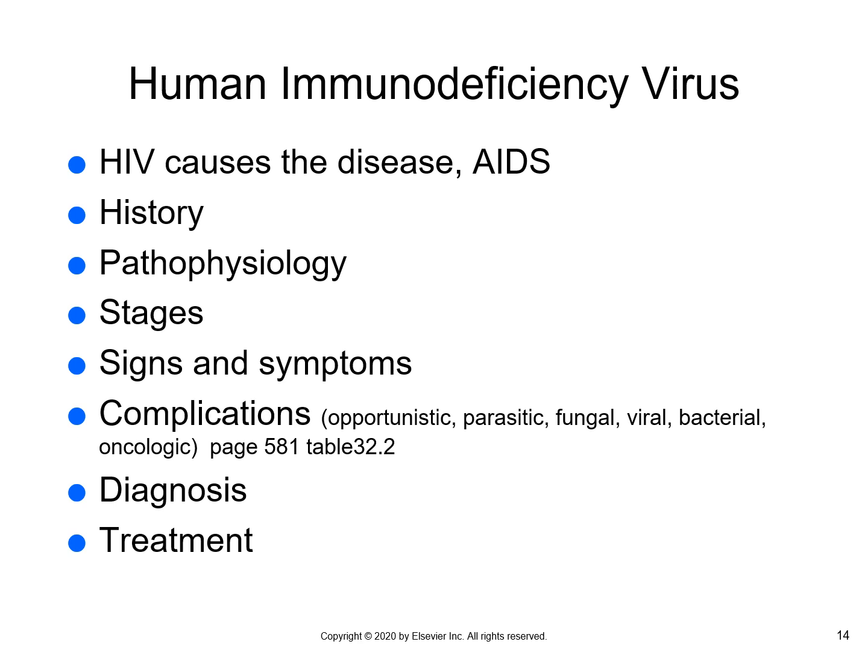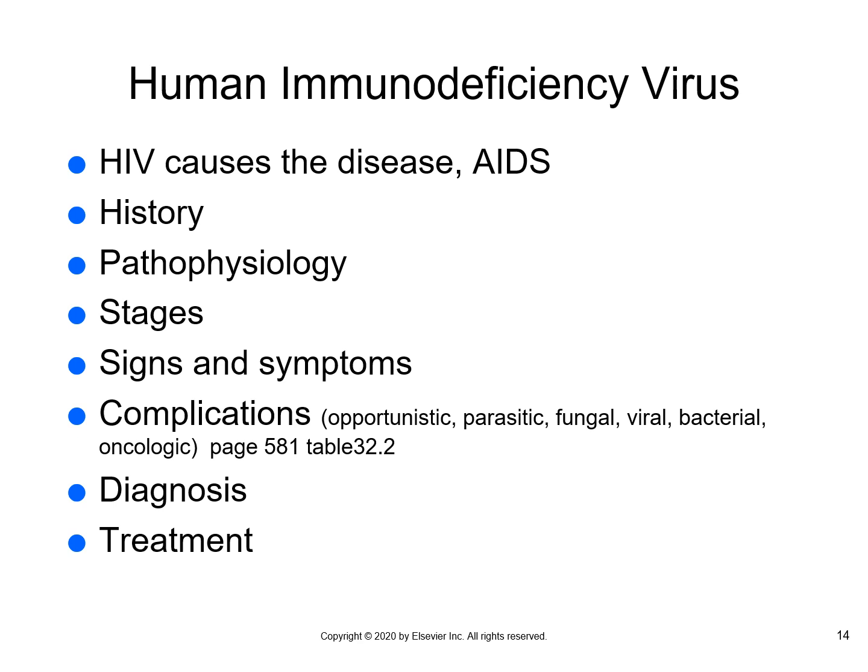Human immunodeficiency virus, or HIV, is the virus that is causing the disease called AIDS, or acquired immunodeficiency syndrome. And it's very important to distinguish between the two, because sometimes it's very easy to be confused between what is HIV and what is AIDS.